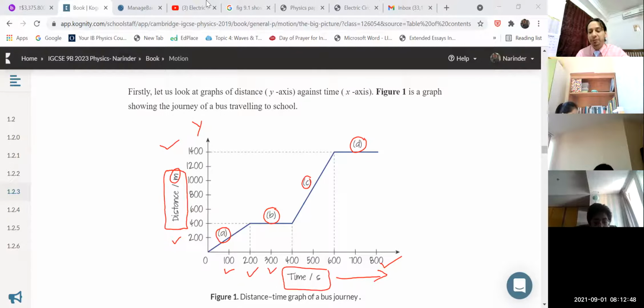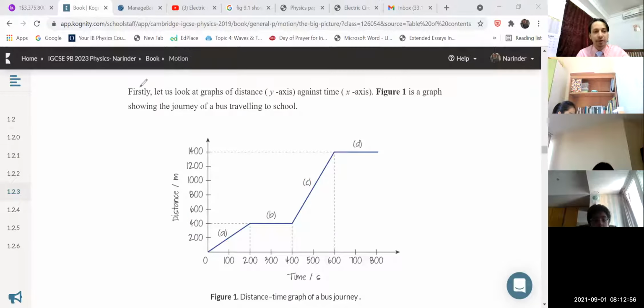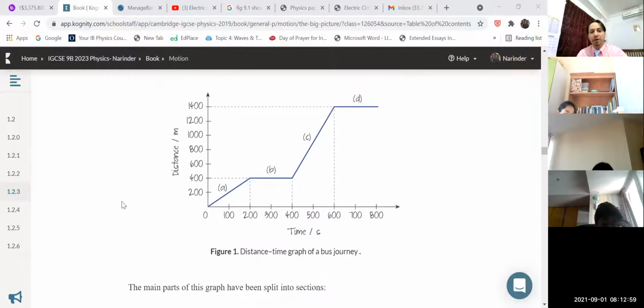So it is 100% sure, children, you will get one question on this topic of motion graphs. Now let me continue with this topic, children. I hope that you have gone through this graph carefully, and we will predict what kind of motion is there.